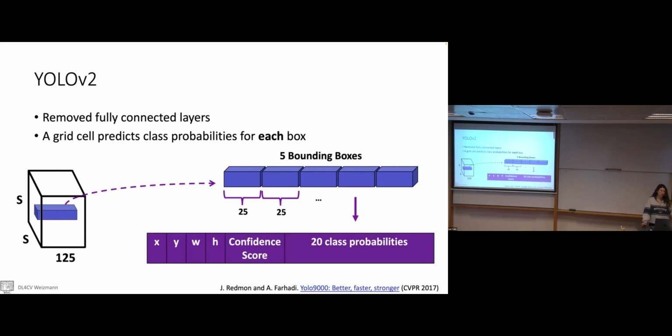And for each bounding box, as before, we evaluate the center x, y, the width and the height, and the confidence score. And again, for each one, we have 20 class probabilities for each bounding box. In that way, we can determine the class prediction for each one of the bounding boxes, for each grid cell.